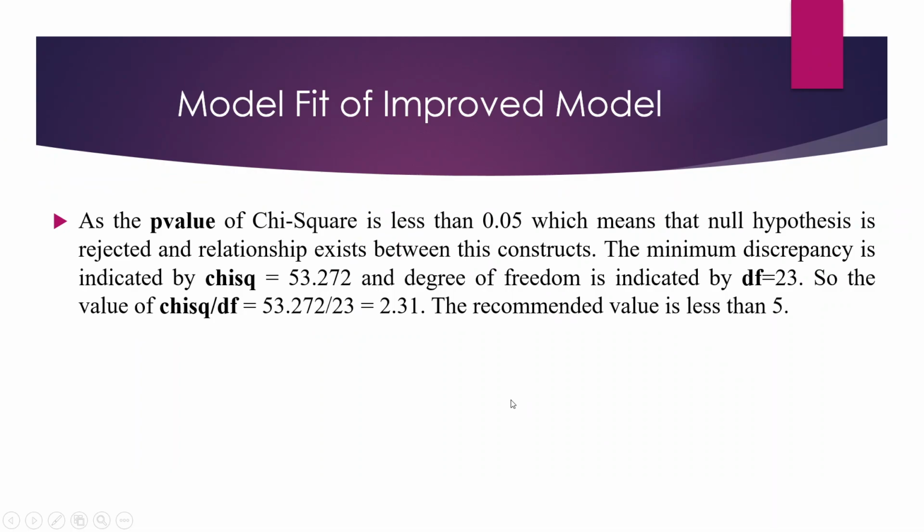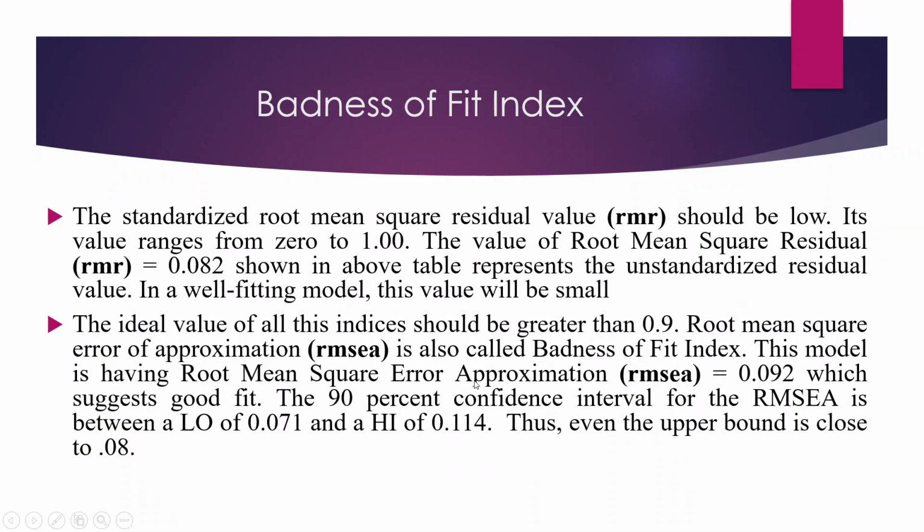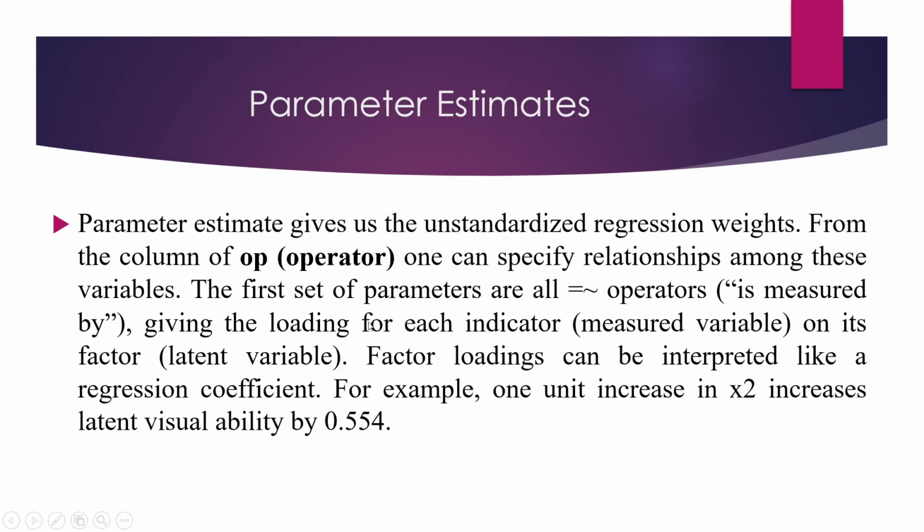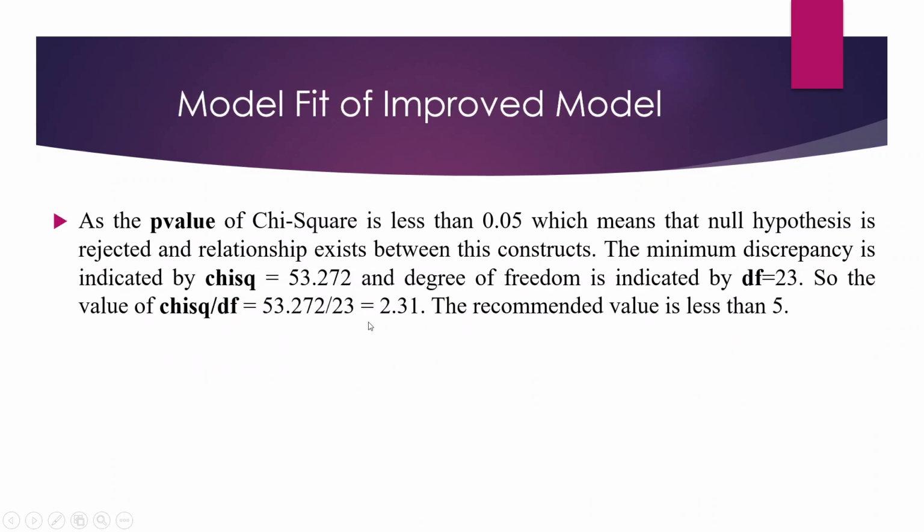The p-value of chi-square is less than 0.05. But this chi-square, which was 83 somewhere, is now 53.27. And when we divide by the degrees of freedom, that is 23, this value has reduced to 2.31. Previously, how much was it? It was 3.55. Now the value has reduced to 2.35.